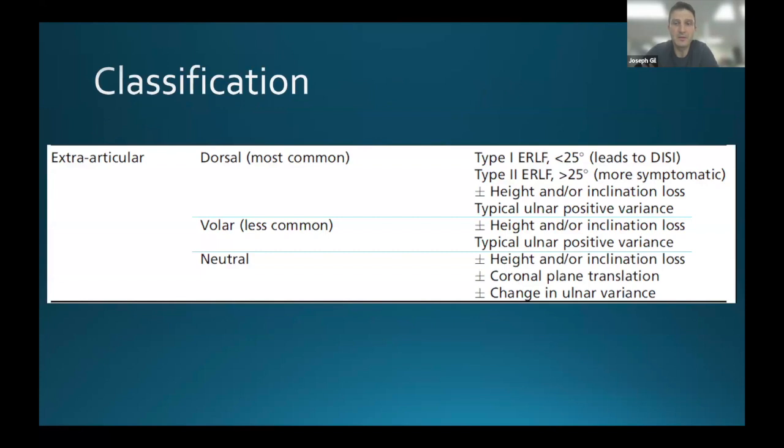These can be associated with a loss of radial height or inclination and could be associated with ulnar positive variance typically. The volar ones typically have ulnar positive variance and again are associated with loss of radial height or inclination. And the neutral ones are the ones you'd see on the coronal plane, where you'd see loss of the radial height or the loss of radial inclination.